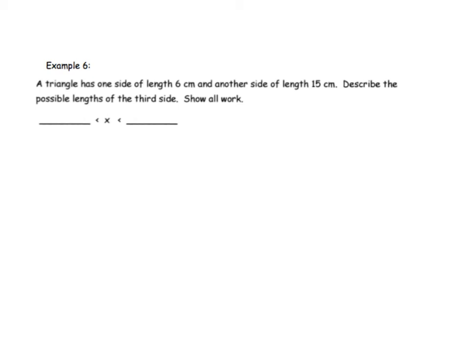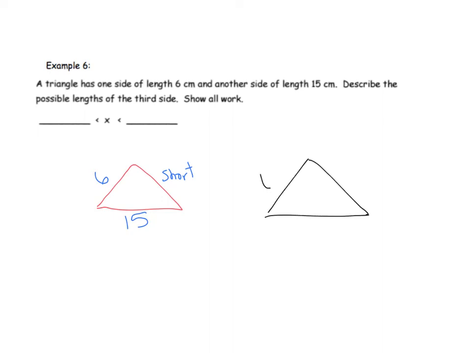A triangle has one side length of 6 and another side length of 15. So kind of the same situation as before. If it helps, draw a picture. 6, 15, that's a short side. We know there are going to be two situations: 6, 15, and then the longest side. That's kind of how you have to think of it when you work these problems out.